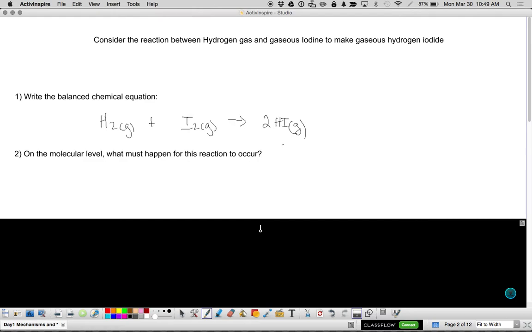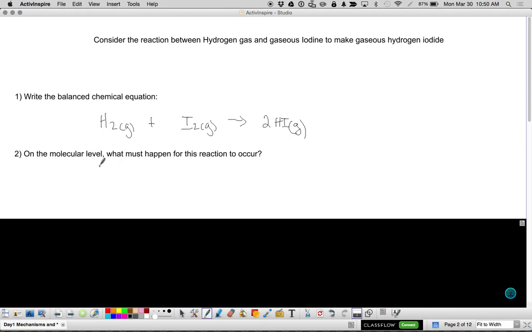All right, so on a molecular level, what must happen for this reaction to occur? What is actually going on when hydrogen reacts with iodine to form hydrogen iodide? Pause the video, think about it for a minute, see if you can come up with 3 things.